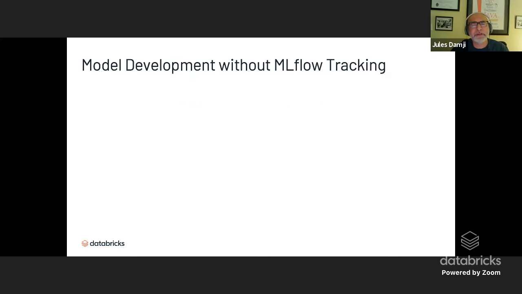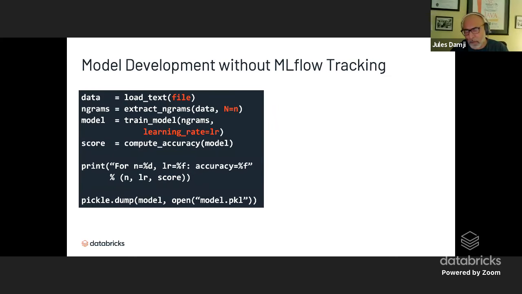So how does it actually do that? But before I do that, let's look at what the world would be without MLflow tracking. Now here's a pseudocode. Think of it as scikit pseudocode, and you don't have MLflow tracking available, and you resort back to the old traditional way of tracking, which is what? Using a log file, or putting it in a database, or creating a JSON file and then putting the JSON file away.